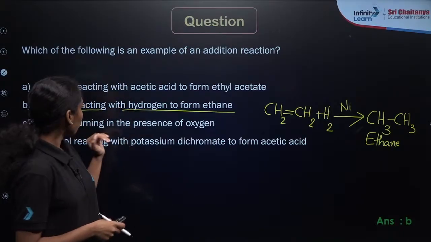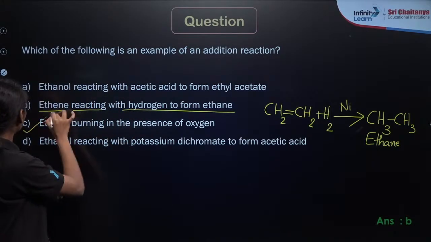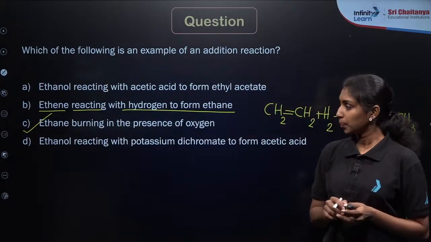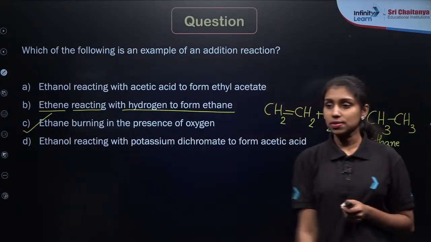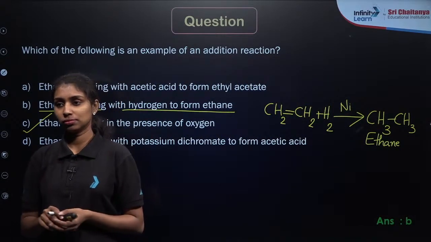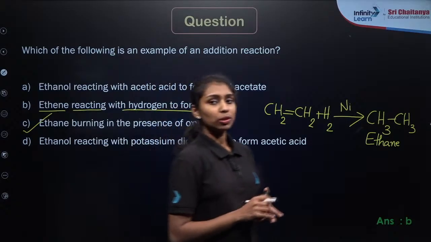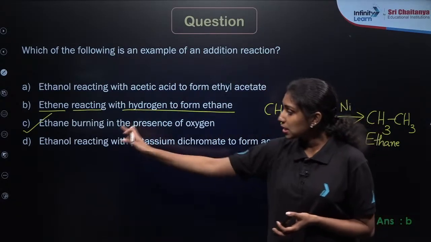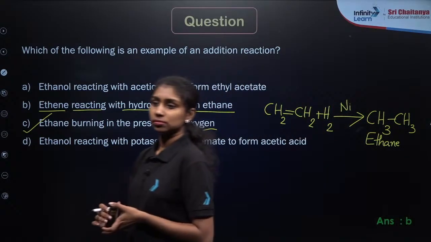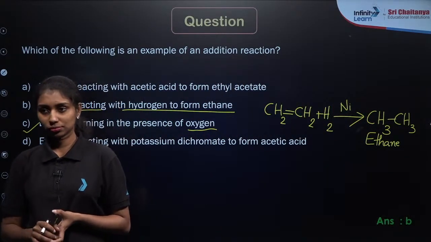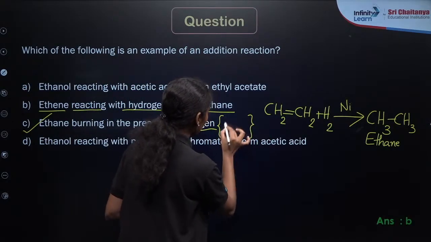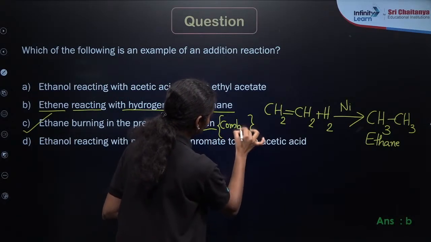Now I have a question for you. If I am asking about the third reaction, what type of reaction is it? Ethane burning in the presence of oxygen. I hope my question is clear. What type of reaction is ethane burning in the presence of oxygen? If you are heating any compound in the presence of oxygen, that is known as a combustion reaction, right?